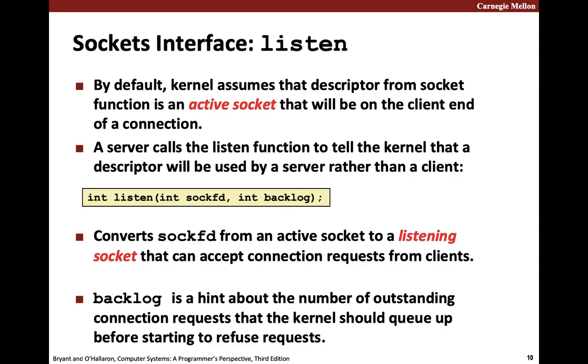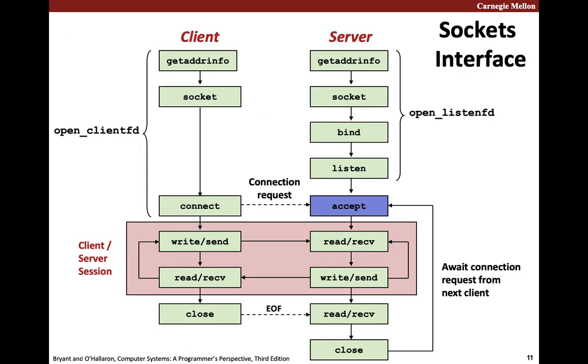When I say requests, I'm talking about the TCP three-way handshake that we did. The kernel will handle that and then say, okay, it's all ready for you, now come get it. And when I say come get it, it's with the next system call that we'll talk about, which is accept. But if for some reason you don't have enough backlog, then the server will start refusing those incoming connection requests. Okay, so that's listen.